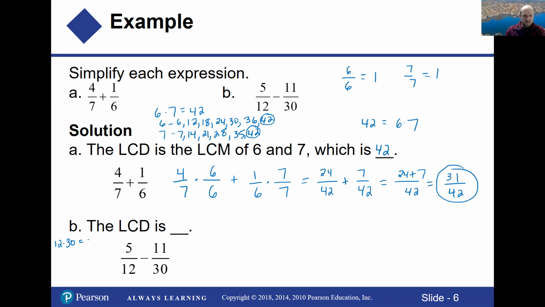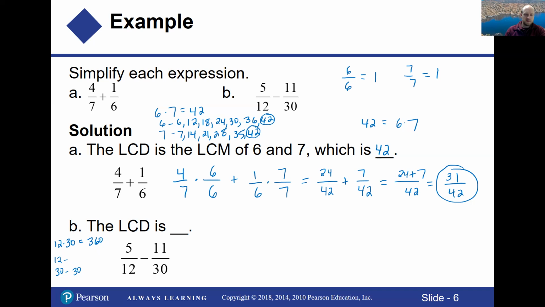I think 12 times 30 is 360. Okay. Now that is a common denominator, but it's not the least common denominator. What's the least common denominator of 12 and 30? Well, if you don't know, what I do is I start with the bigger number. And I list multiples of that until I get to one that the other number goes into.